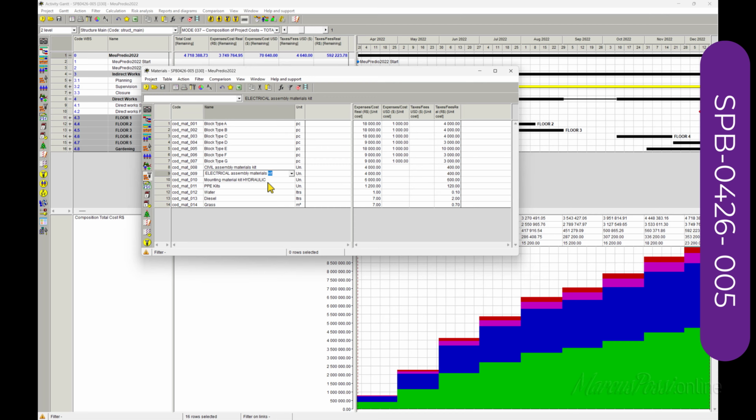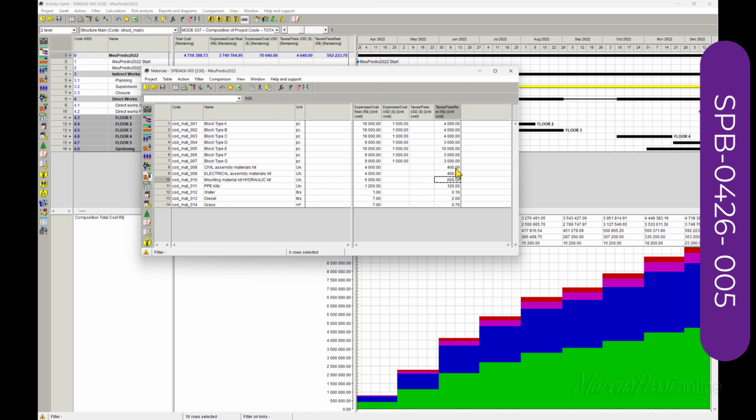Kits, Control C, Control V. PP kits, water, diesel, grass. You applied your unit cost, okay, per liter, per unit, per piece, per square meter, and its fees and its tax, of course, and the tax they deserve.